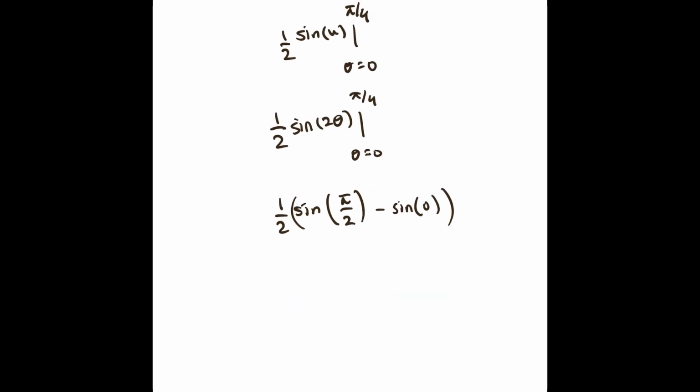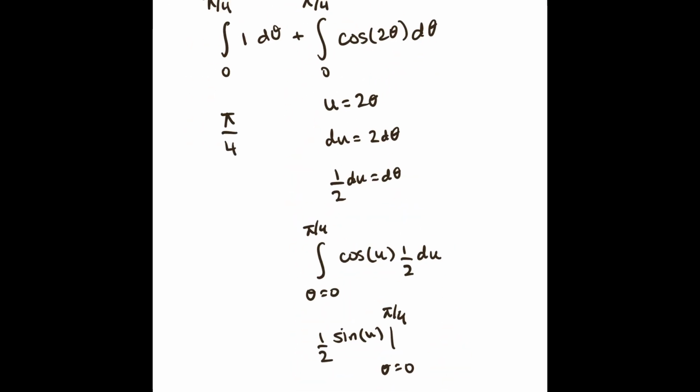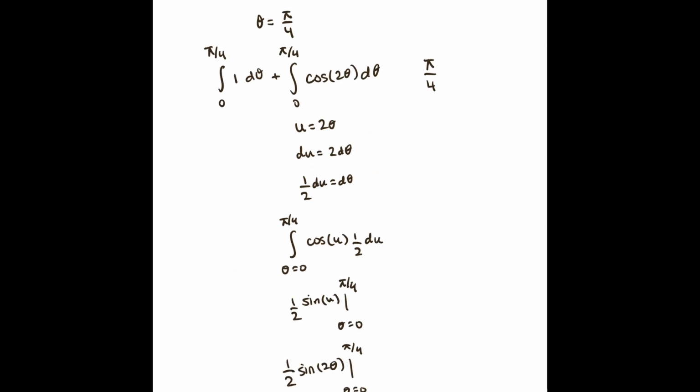Well, we know sine of 0 is 0, and the sine of pi over 2 is 1, so we know the integral is just 1/2. Therefore, going back, this is going to just be equal to pi over 4 plus 1/2. And that's it.